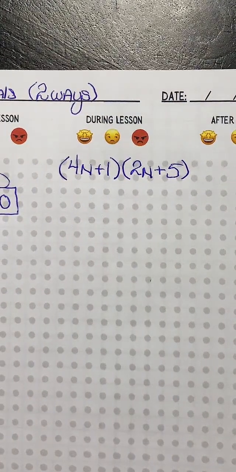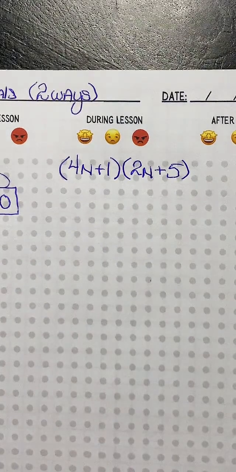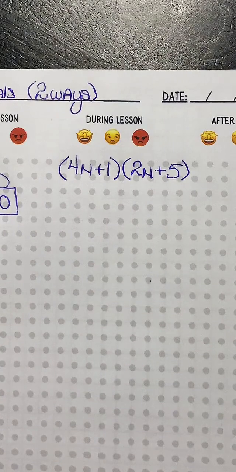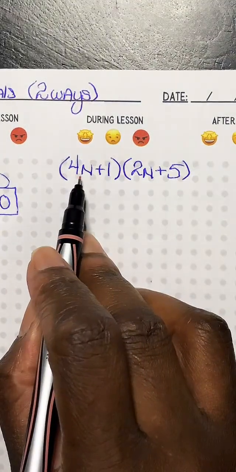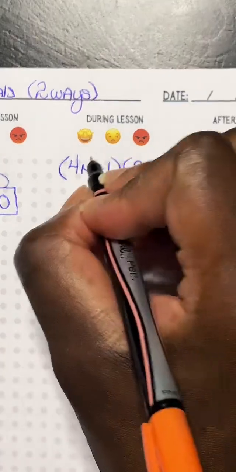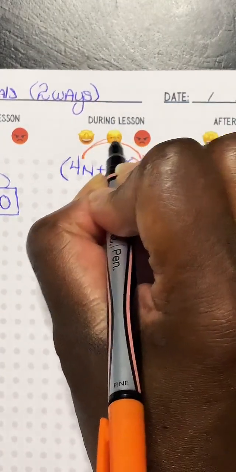We have two binomials, and they're not exactly alike. All you're doing with the whole FOIL method is taking the first term in the first parenthesis, which is 4n, and distributing it to everything inside of that second parenthesis.